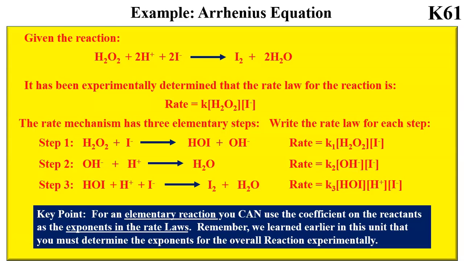So OH- and H+, hydroxide and hydronium in step 2, also have coefficients of 1, and therefore the exponents in their rate law for step 2 are also 1. And then finally for HOI and H+ and I-, those exponents are going to be 1 as well. And all three of those do show up in the rate law.